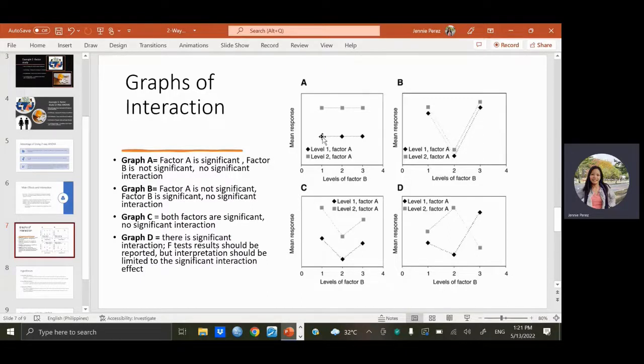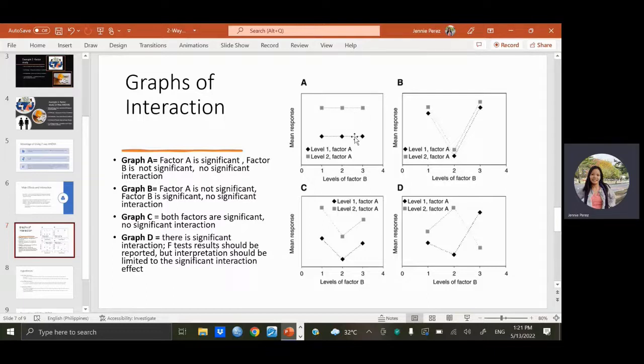Now, if we try to compare the mean scores of people based on their levels on factor B, level 1, level 2, and level 3, there are three conditions of factor B. So we can say that this study is a 2x3 factorial design.